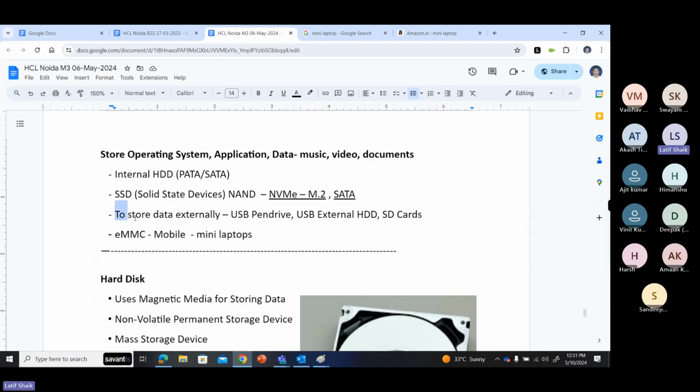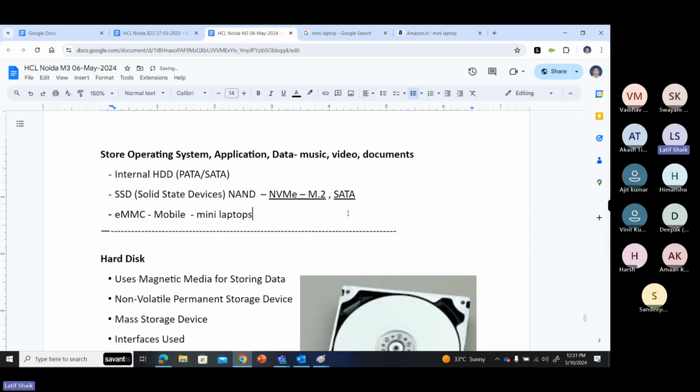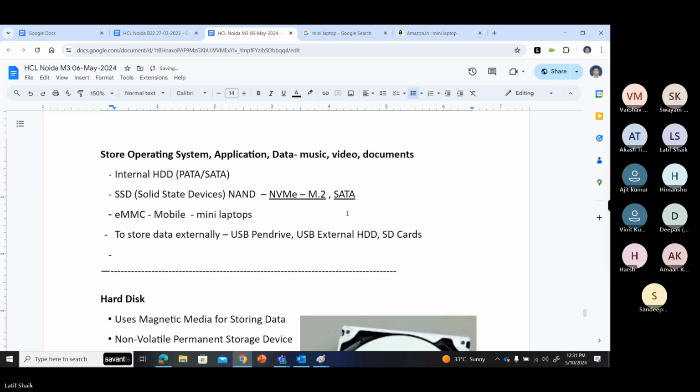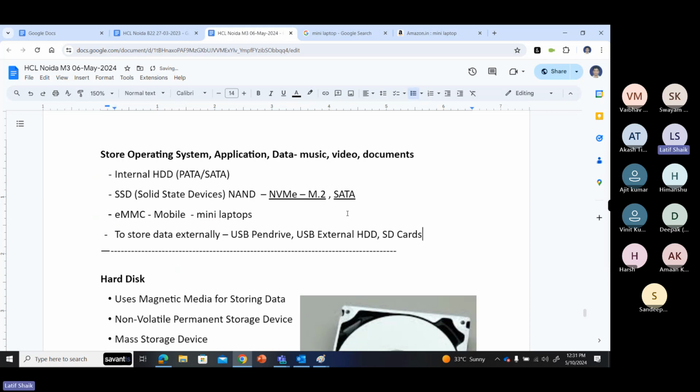One more is the external hard disk. What is this external hard disk? If you want to store data externally, or store a backup of your data externally, you can use an external hard disk. Or in your mobile, you have downloaded songs and videos, but your internal memory is less. What you do is insert an SD card and transfer the data to the SD card.